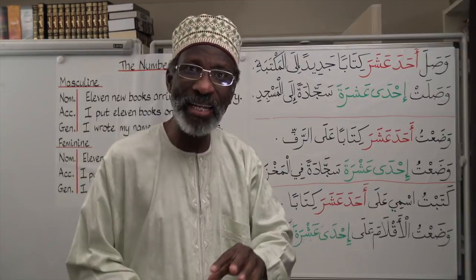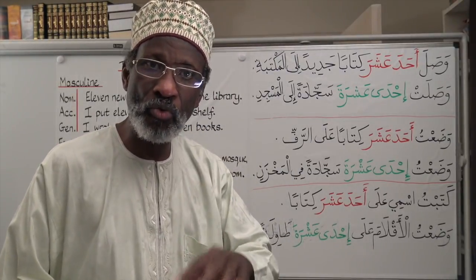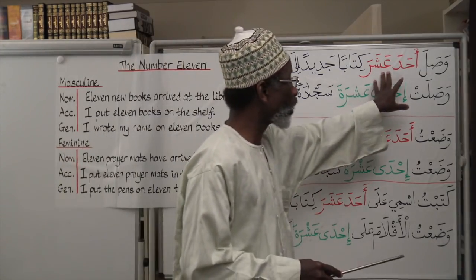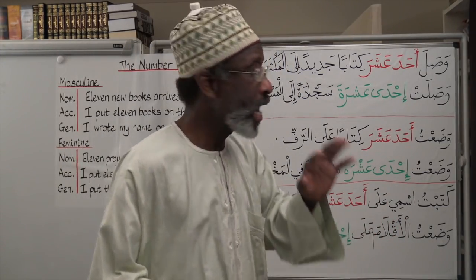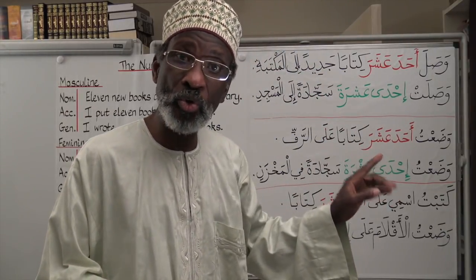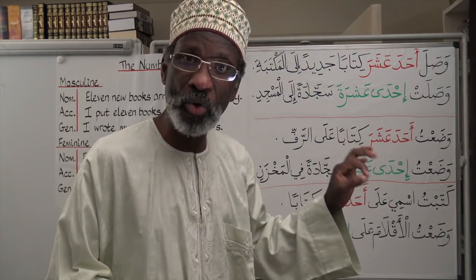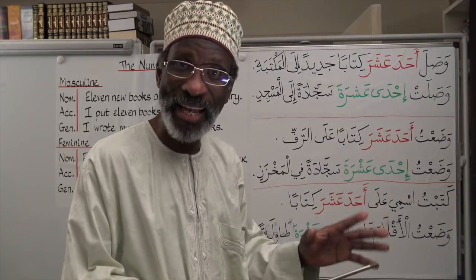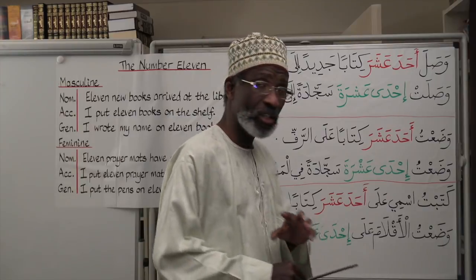Let's explain the rules governing each of these numbers. Together we call it compound numbers. Now, the first one, ahada, 1, you're not allowed to use wahid here. You have to use ahada in this compound number when you are saying 11. That's the first rule.